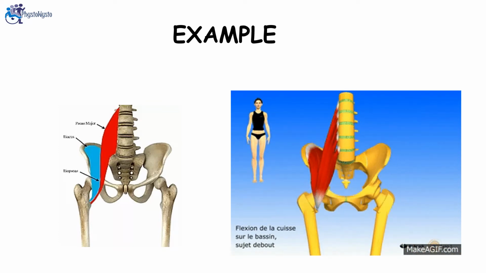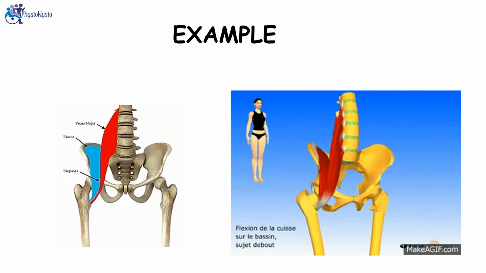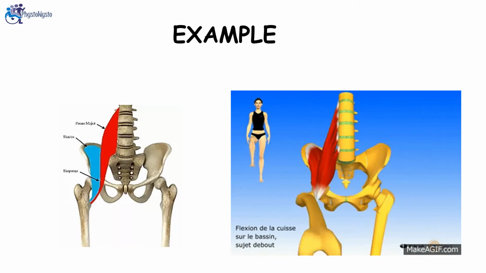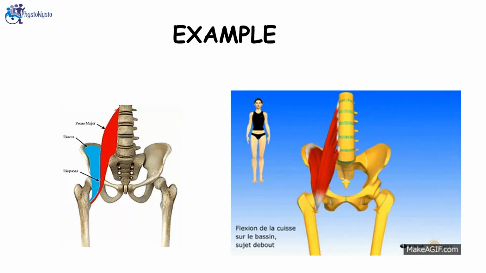Psoas major and the iliacus muscle act along the same action line, meaning that they have the same point of application and act in the same direction. The resultant force equals the magnitude of the two forces, but weakness of one muscle will reduce the magnitude of the resultant force.